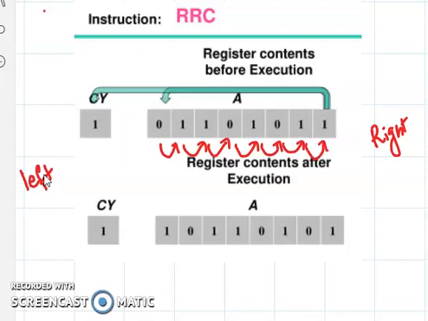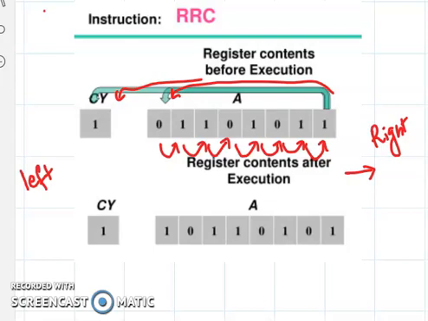And also the last bit, that is D0th bit, is shifted towards the D7 and also towards the carry. So that is why we are moving from left to right. That is why this instruction is called a rotate right instruction, and that is a circular right shift.